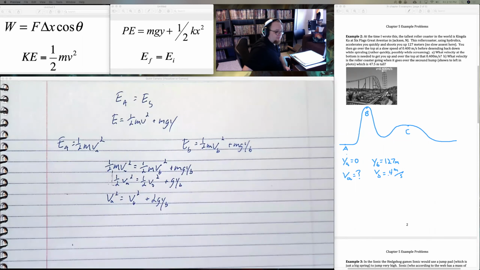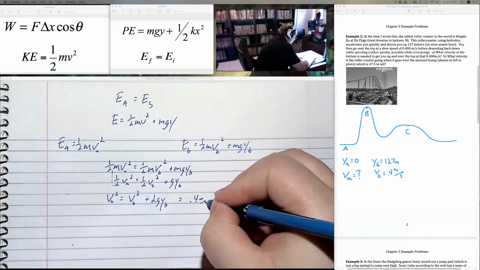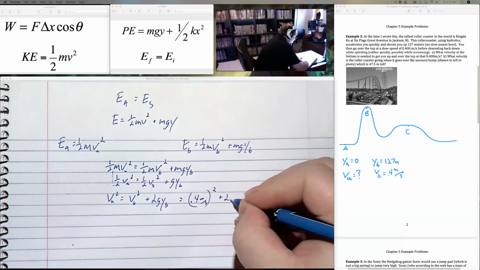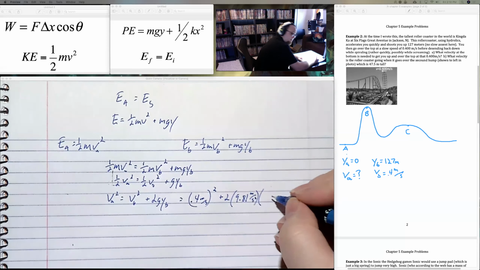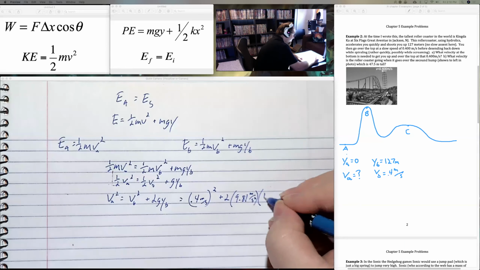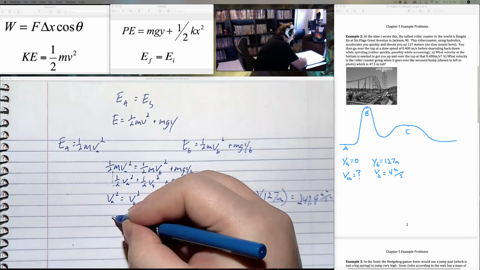I just plugged in my numbers here: 0.4 meters per second squared plus 2 times 9.81 meters per second squared times 127 meters to get 249.9, and I can square root.